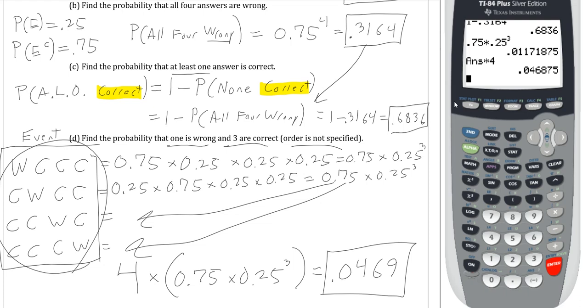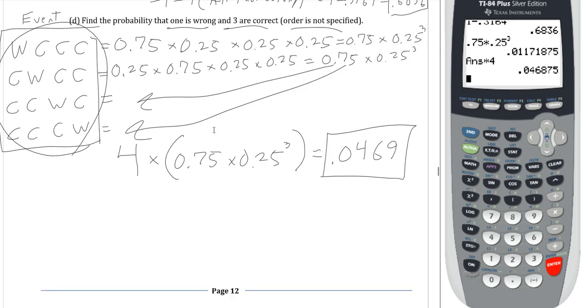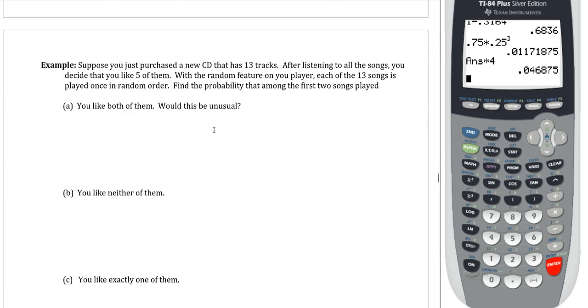So if there are multiple outcomes that fall under the same event and we only calculated 1, we do need to calculate the rest. But in a lot of these cases, they end up having the same probabilities, which is more convenient. So we just need to find 1 and multiply by how many ways it can happen. Again, you'll see more of this later on in Chapter 5 and 6.